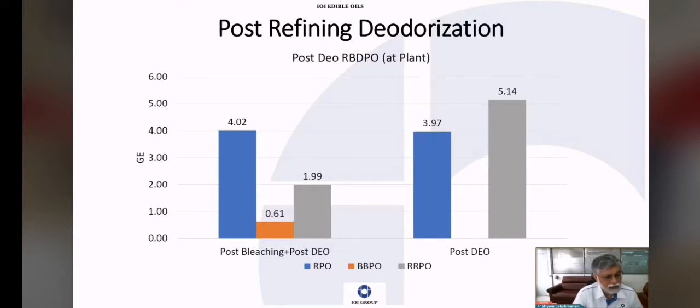Without the bleaching agent, it jumped up by about 1 ppm. So we haven't been able to achieve it. I think the problem is with the design of the deodorizer. It's not optimum for stripping the GE, but the concept seems doable because we tried it in the lab, and with thin film, we are able to get more successful removal of the GE. Next, please.